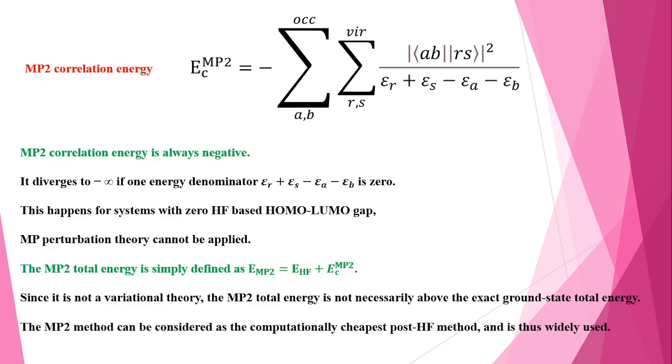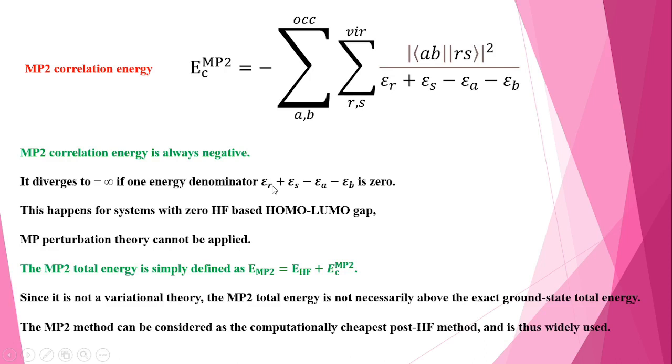In general, the MP2 total energy is the sum of the Hartree-Fock energy plus EC, the MP2 correction term, which is a summation over the occupied orbitals and the double excitations you are taking.